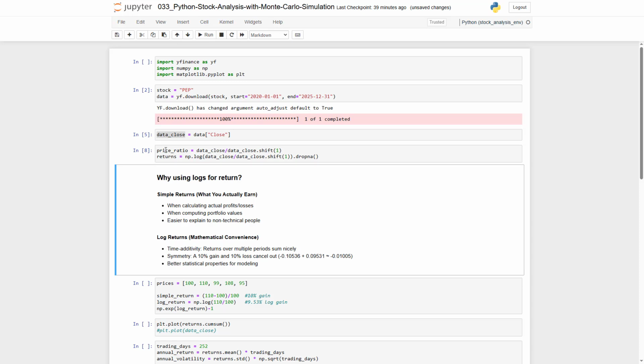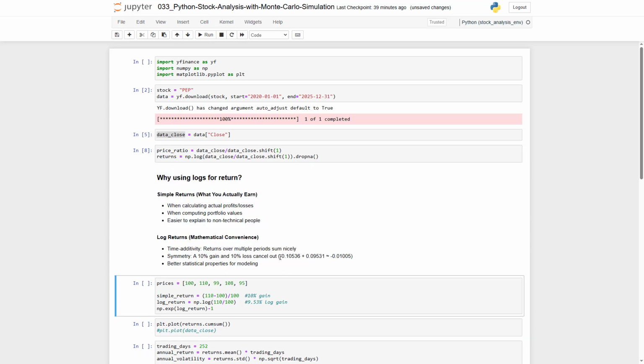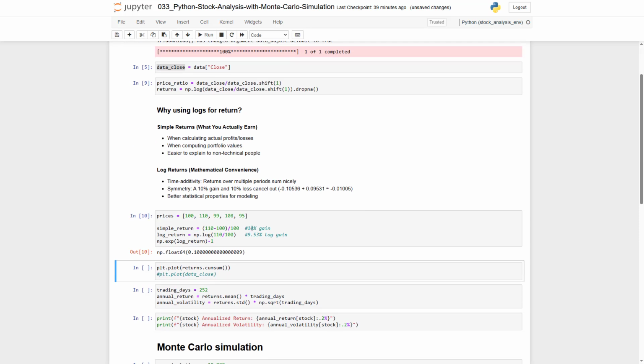Price ratio, we have calculated it with logs, and with logs it is better for our purposes, because this way a 10% gain and 10% loss would cancel out, as in this example here. Okay, then simple returns, they look okay, and they can be returned by exponential.